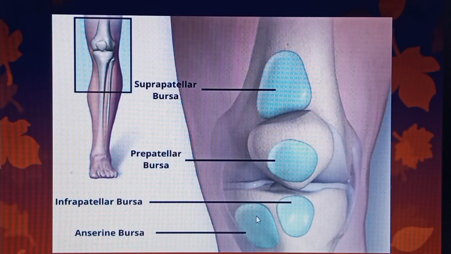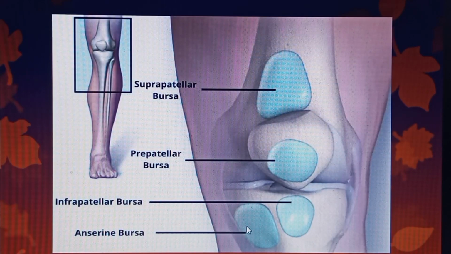But my friends, one more bursa finds itself in what we call the pes anserinus group of muscles. Those are muscles whose tendons insert in the upper, middle aspect of the shaft of the tibia.